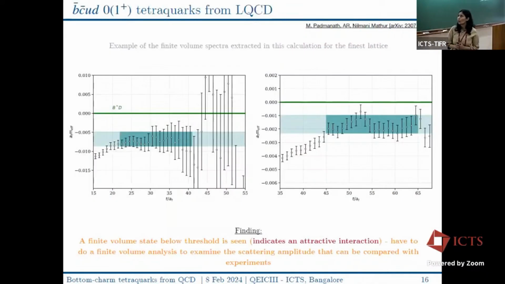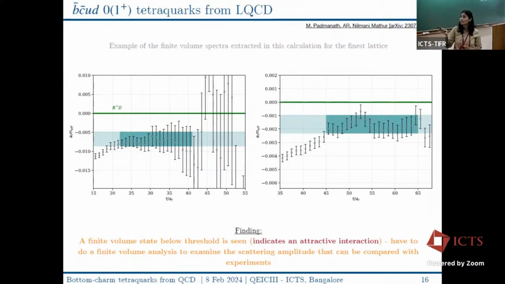So now moving on to the results. As an example, I've shown some of the finite volume spectra that we have extracted on the finest lattice that we use. Since we use a number of lattice spacings, this is an example at the finest lattice, and this is also the deviation from the threshold.